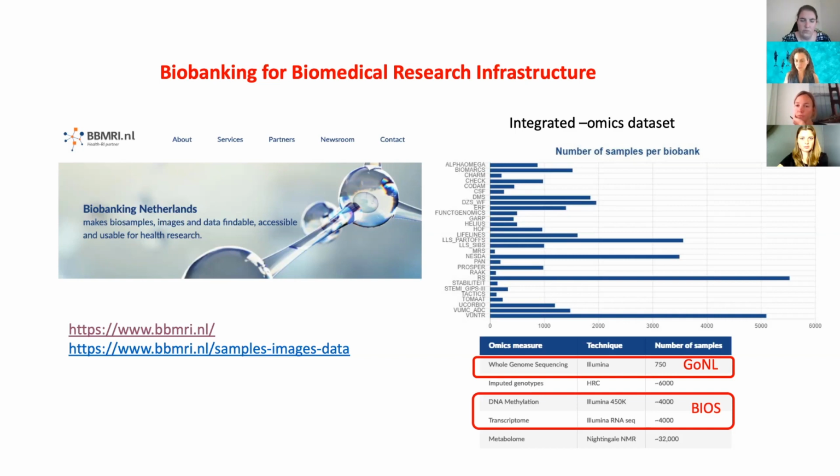Of course, these 750 came from several cohorts, and each cohort also used it for their own research studies. Another interesting part of this omics data set includes DNA methylation and the transcriptome, which is the BIOS set. And eventually the metabolomics set, which we used in the second paper I'm going to talk about today.